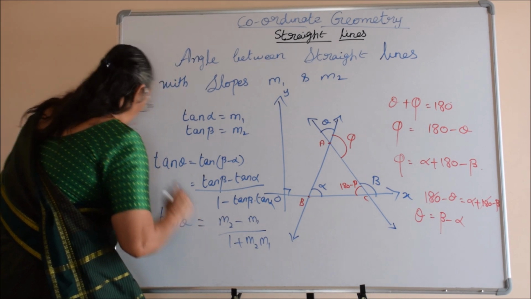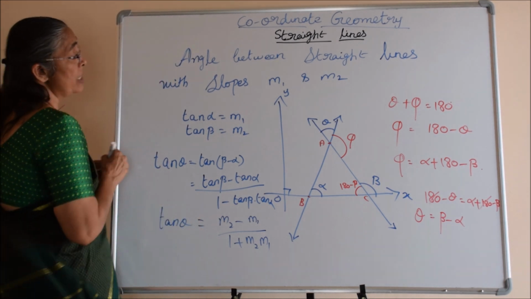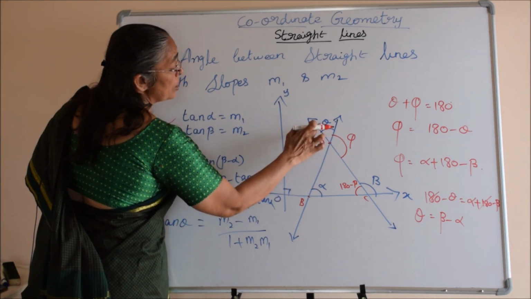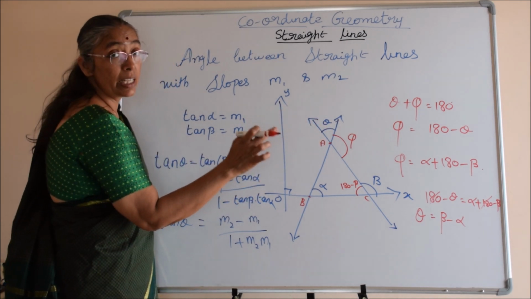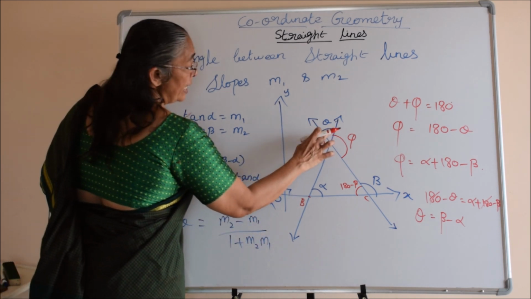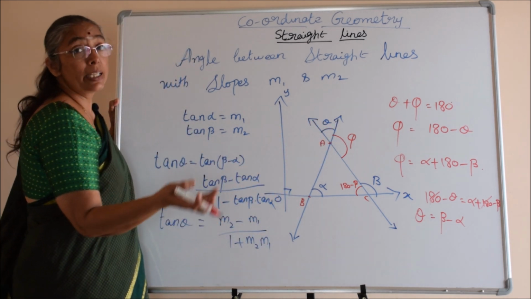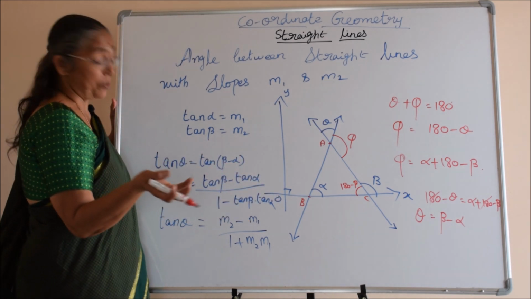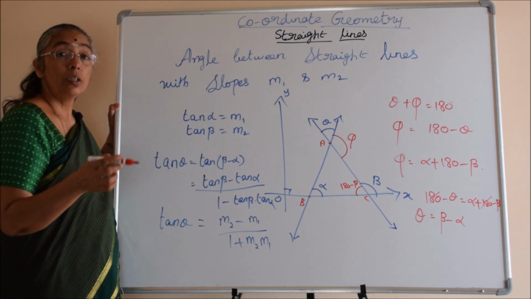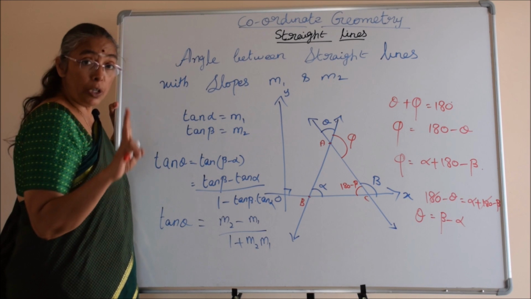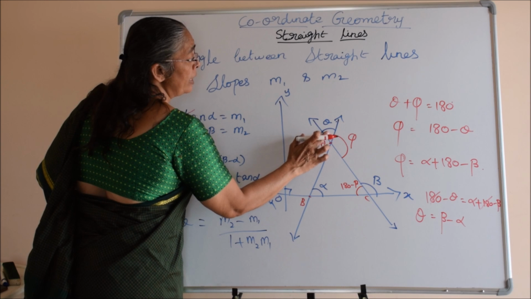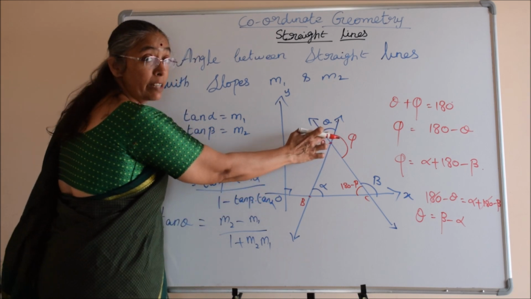Now, we will get two cases. If this angle phi is obtuse, theta will be acute, and the angle between the two lines will be acute, so the answer will be positive.